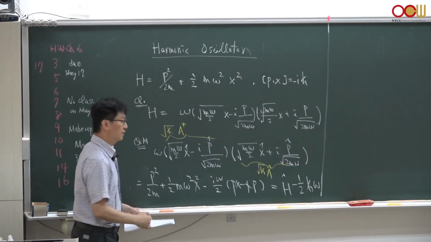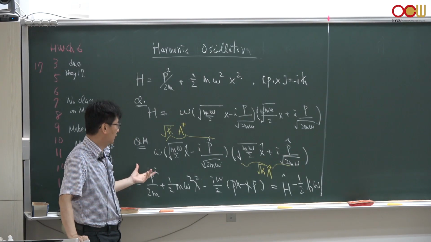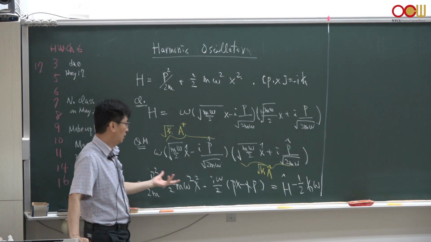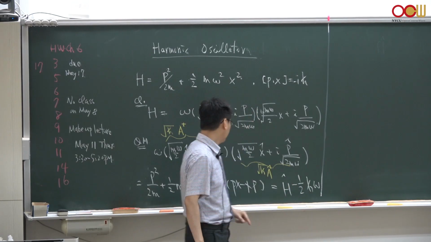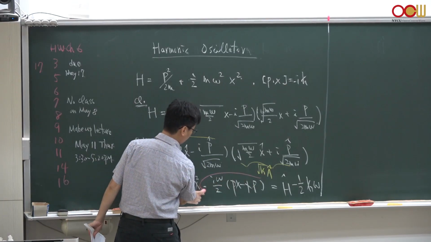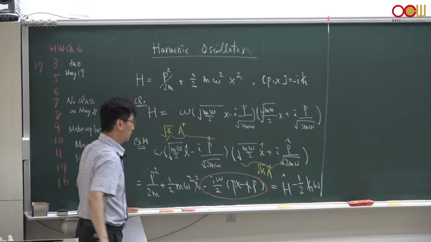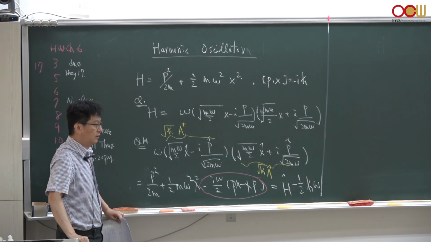So if I make this product between A and A dagger, quantum mechanically, what I get is the Hamiltonian subtracted by this 1/2 h bar omega, and the term marked in red is the extra term coming from the finite commutation relation between x and p.